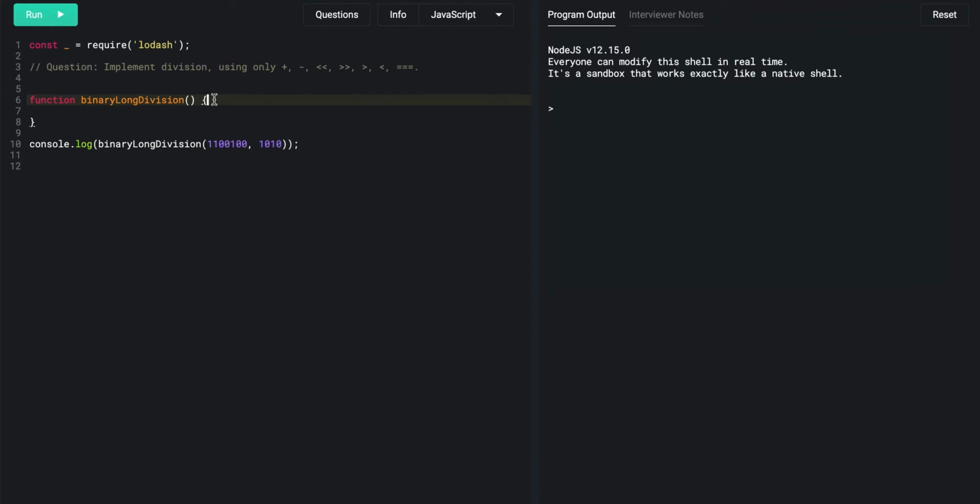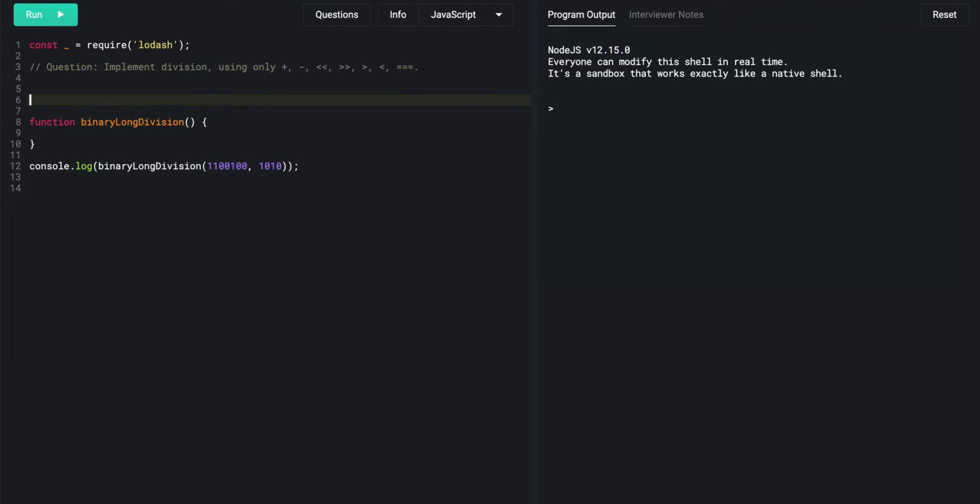Hey everyone, today we're going to do binary long division using only addition, subtraction, left shift, right shift, and the equals operators. So here's an example of some binary that we can divide.